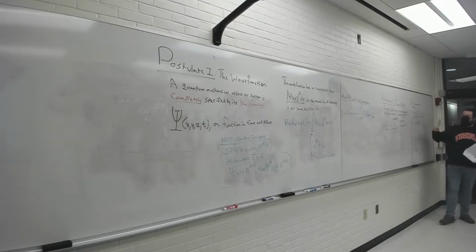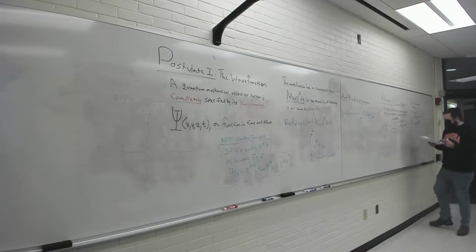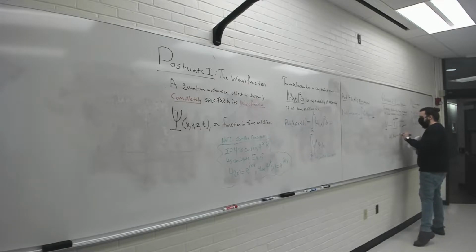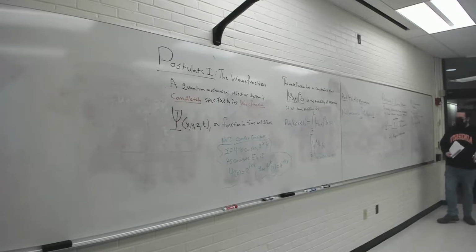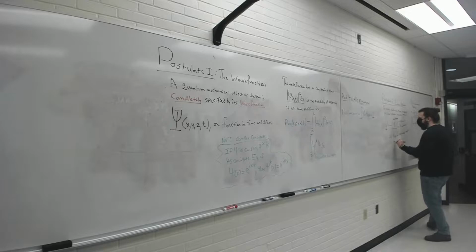It's non-destructive, and it gives us a number that tells us something about what we want to know, an answer to our question. The most important thing is that all physical observables, anything that we can measure, must have a corresponding linear operator.